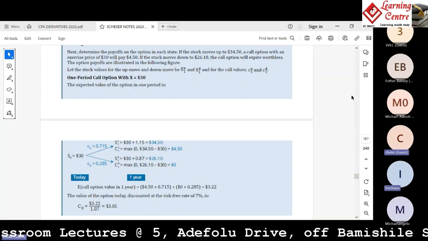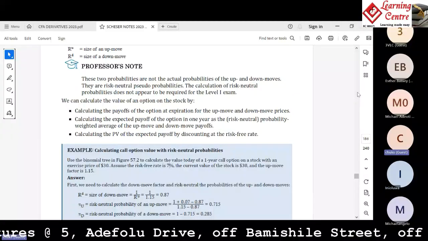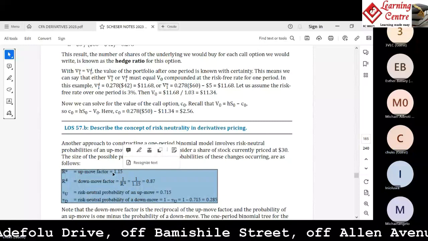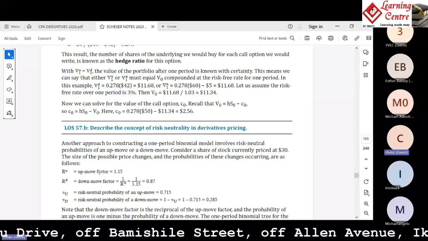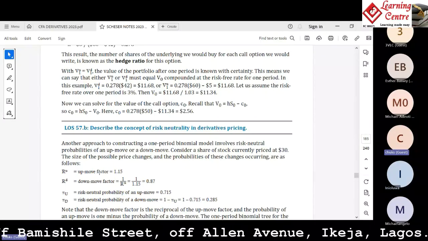We're given this 1.15. Let's look at all the things we're given. We're given the share price today, which is 30, right?